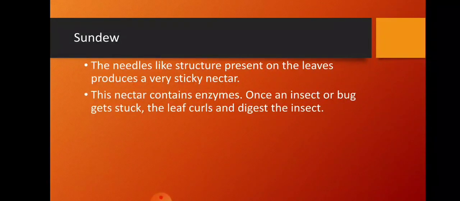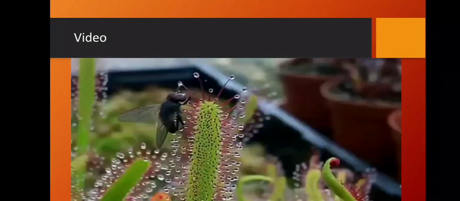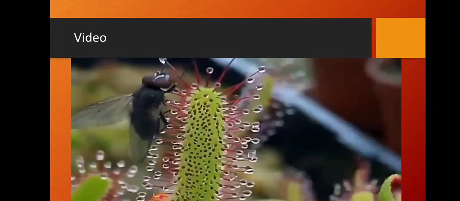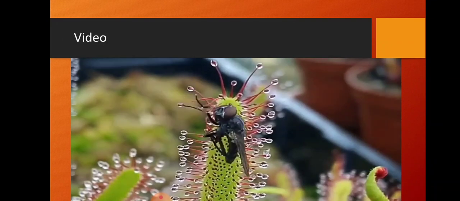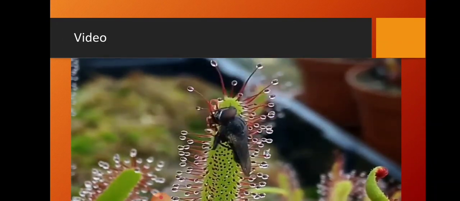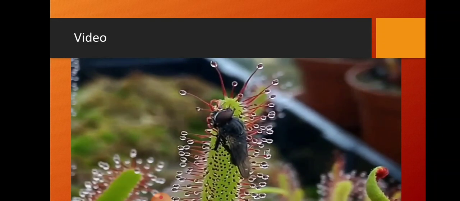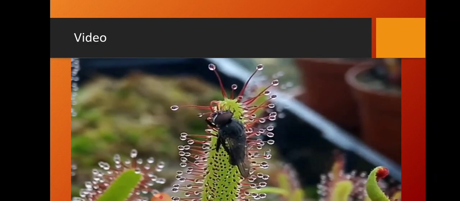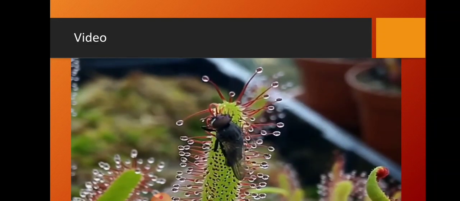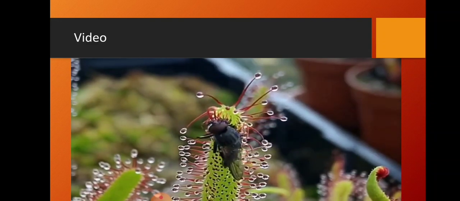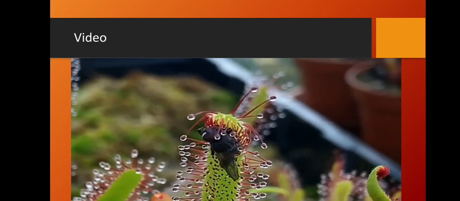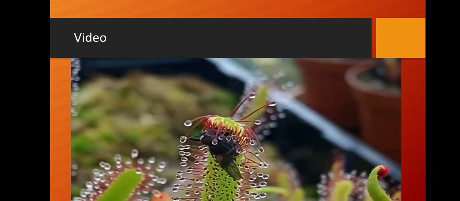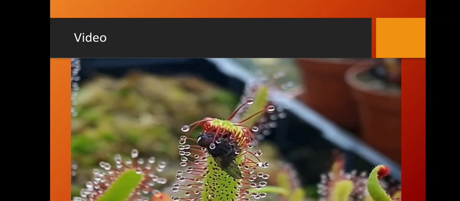Let us have a view. You can see the needle having sweet nectar on the tip. It is curling up, and this sweet nectar is actually the digestive juice which will gradually digest and absorb the insect.